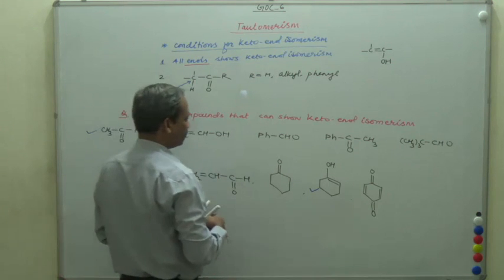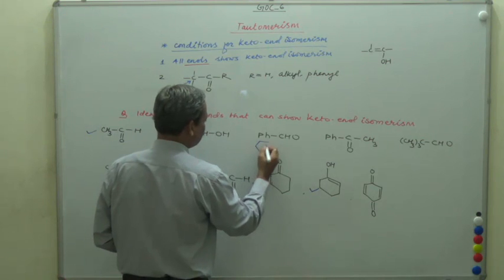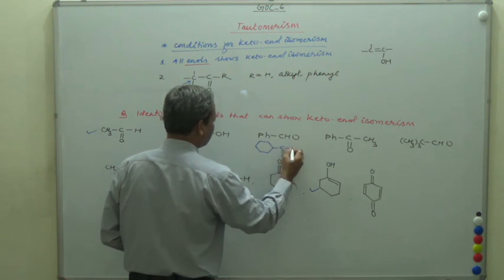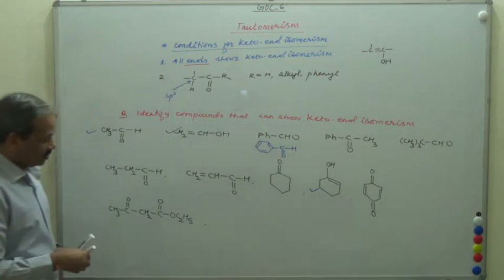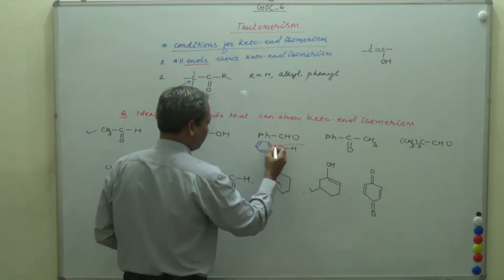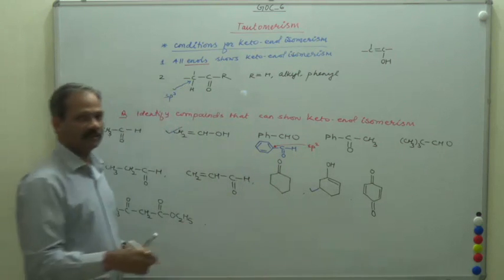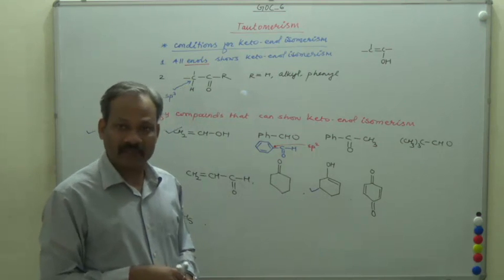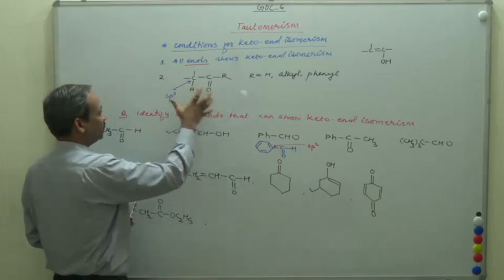Now in this compound, Ph means phenyl group, benzene ring. So benzene ring in bond line notation can be represented by this representation. And now, first of all, this carbon atom is alpha carbon atom and it is not sp3 hybridized, it is sp2 hybridized. Second, here there is no hydrogen atom. So we have to identify all these things in this order.